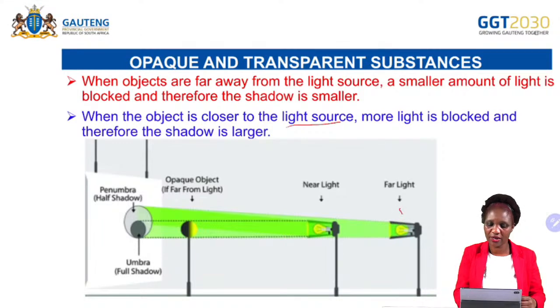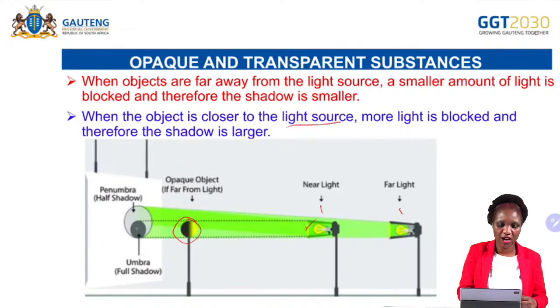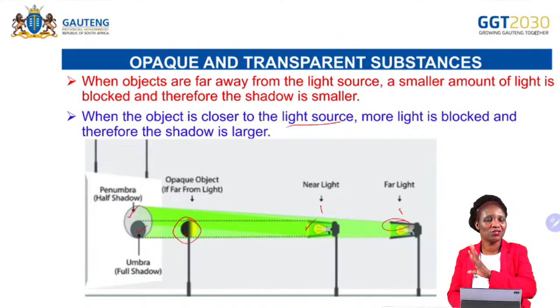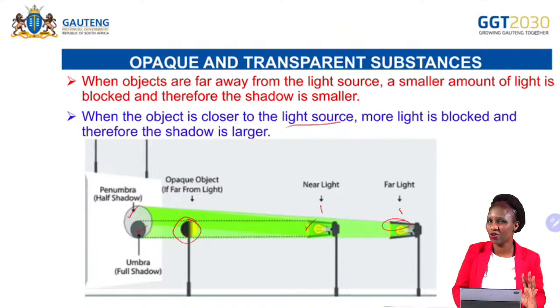Let's look at the lights and the objects. This one that is near the object, see how the shadow is going to appear. It's big and it looks very dark. And this one that is a bit far, it is faint. And this one from a far light source, how is it going to appear? It's going to appear very faint. You see that? That is what we mean about the light source being far or closer to an object.